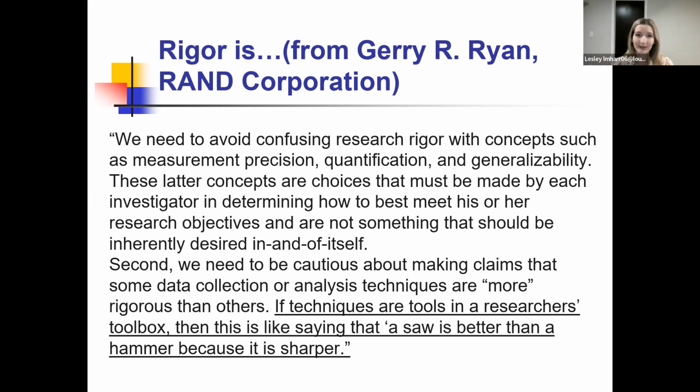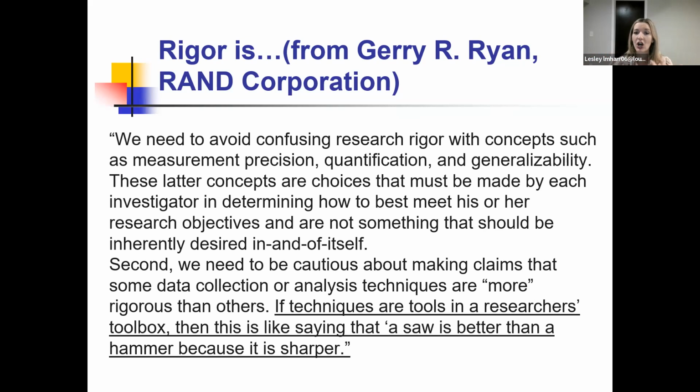Qualitative rigor is different. These latter concepts are choices that must be made by each investigator in determining how to best meet his or her research objectives and are not something that should be inherently desired in and of itself. So we should not be aiming towards those quantitative, rigorous techniques. Second, we need to be cautious about making claims that some data collection and analysis techniques are more rigorous than others.